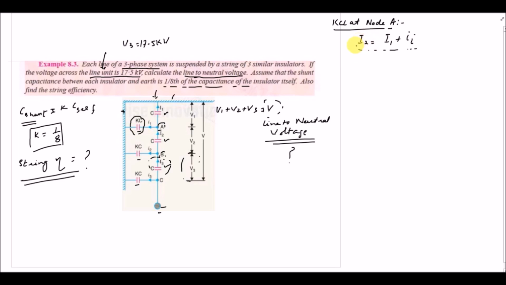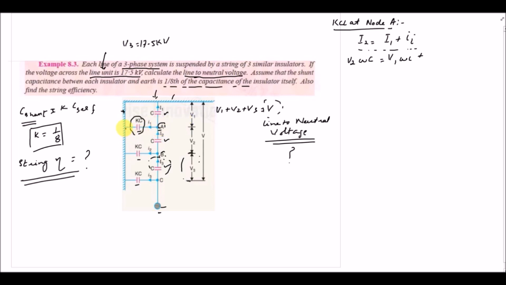Now if I have to find the current I2, it will be the voltage across that particular capacitance times the capacitive reactance. So the voltage is V2 into omega C. And for I1 the voltage is V1 and capacitance is C, so it is again V1 omega C. Similarly for small I1, the voltage at this point A is V1.